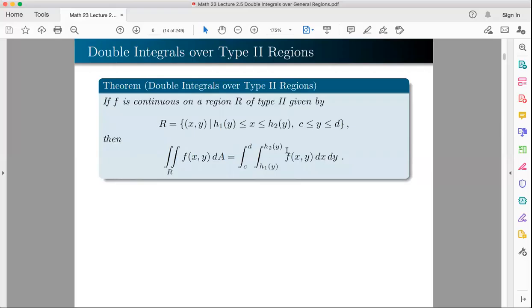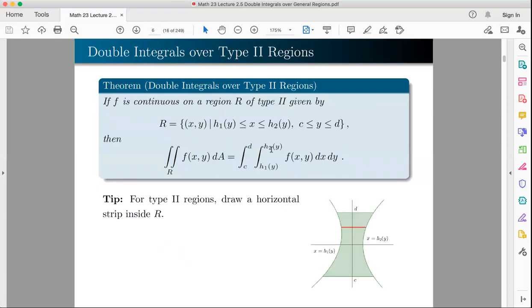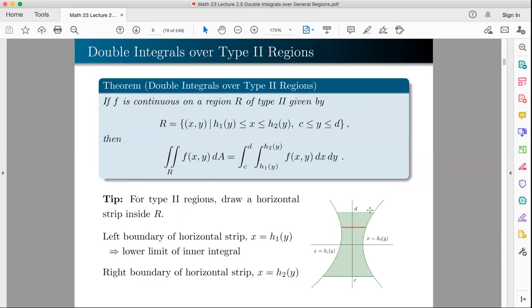To help us determine these limits, we can draw a horizontal strip inside R. The leftmost boundary of the strip is our lower limit, and the rightmost boundary of the strip is the upper limit of the integral. So the leftmost function is the lower limit, the rightmost function is the upper limit.